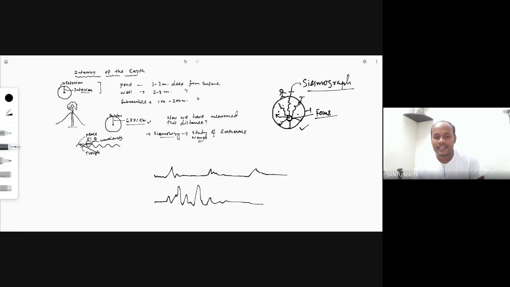Now, why do these ups and downs happen? Here it is up, here it is down, here it is up, here it is down. Why has this happened? This is because of the difference in the materials inside the earth.